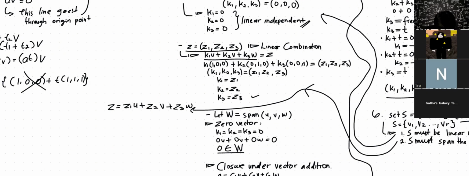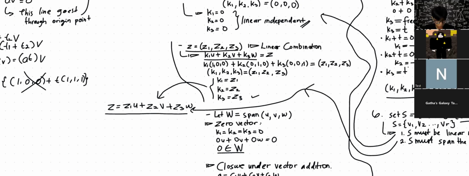Thus, S spans R3. In number 4 sub 2, we know K1 equals Z1, K2 equals Z2, and K3 equals Z3, and we substitute into this equation, and the final equation is like this.